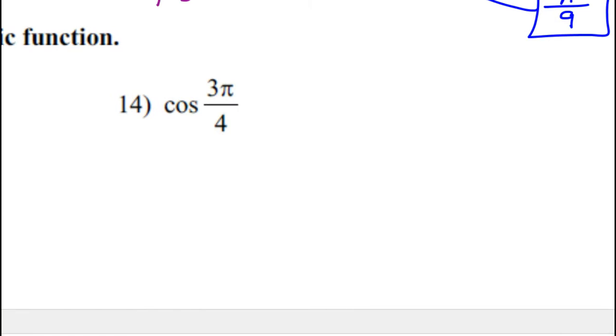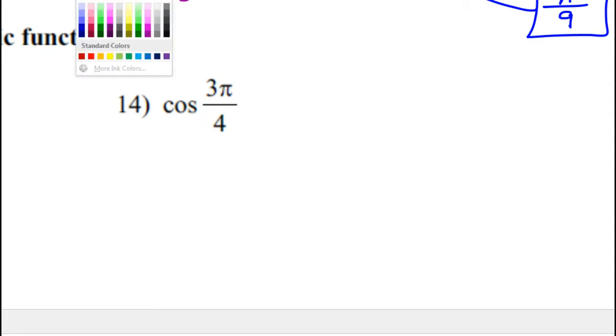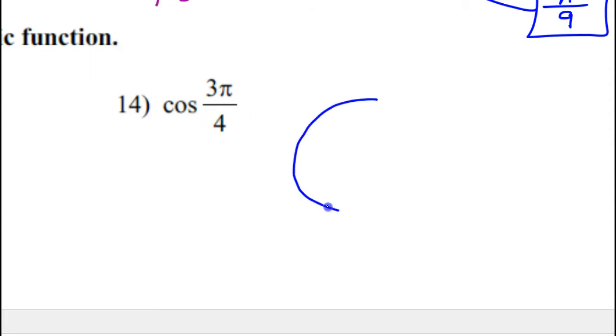All right, so number 14 is given to us in radians. So again, the first thing you want to think about is what is the reference angle? In radians, it's easy to see: the reference angle is pi over 4. In terms of doing my sketches, this is what I like to do. If I know the reference angle is pi over 4, then I draw a bunch of pi over 4s.